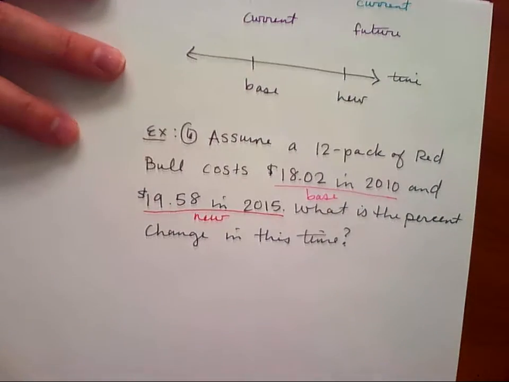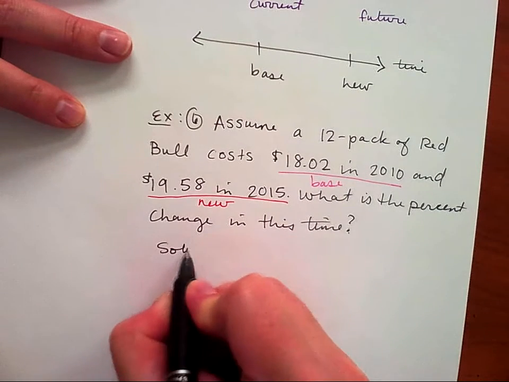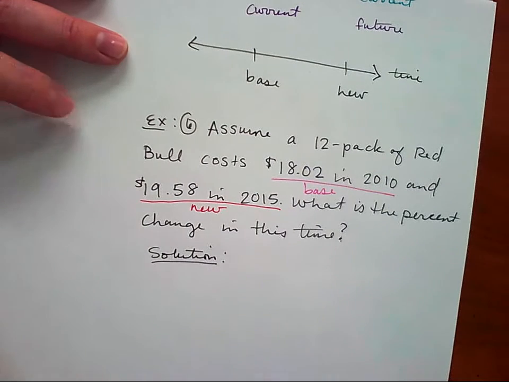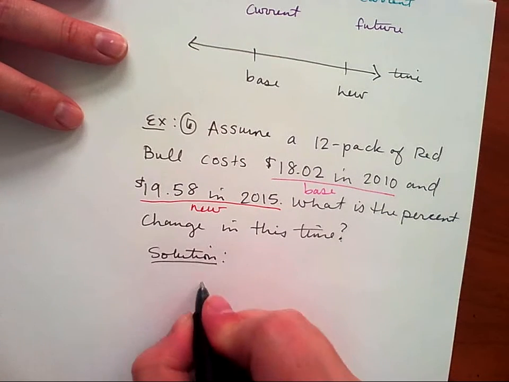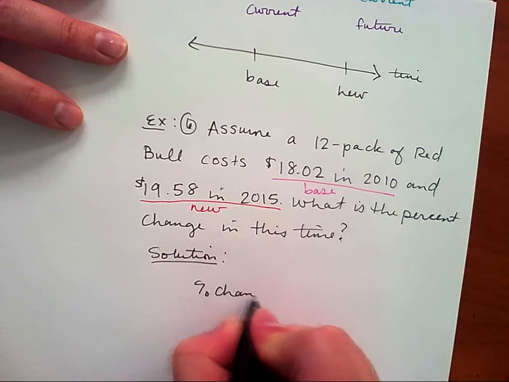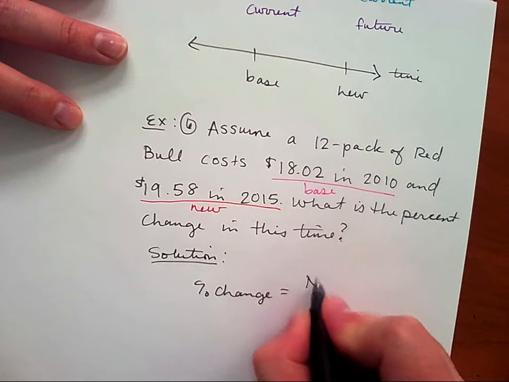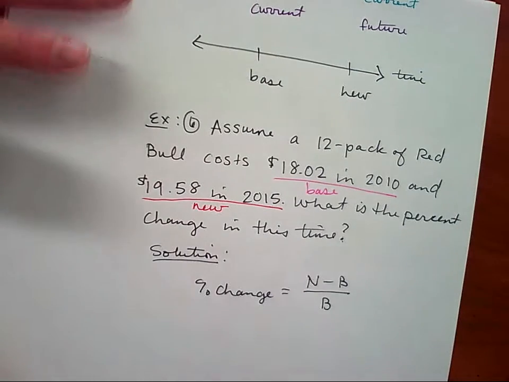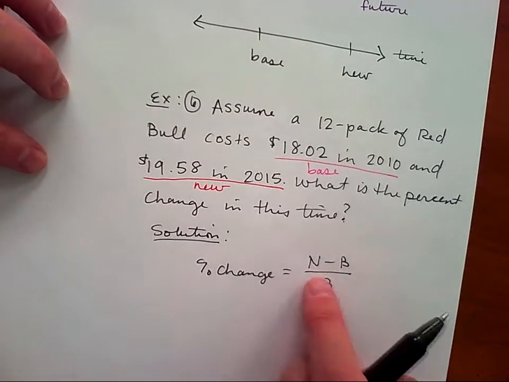Okay. So solution. I'm going to write down my equation, right? If it's a test and you can write down the equation, that's awesome. So percent change equals new amount minus base amount over base amount. I hope everybody starred that you need to have the formula memorized, right?